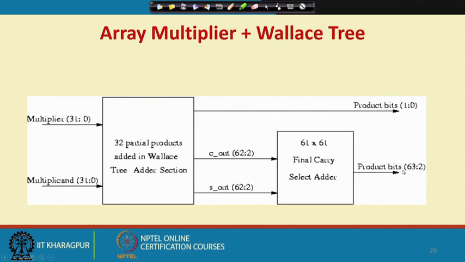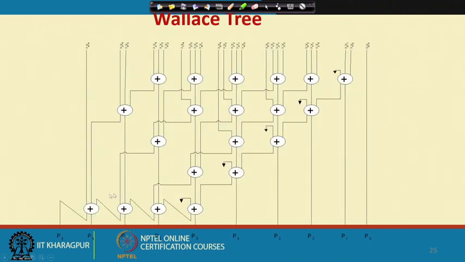So, initial bits have been generated from this, and the other 60, as this is a 32 bit multiplier, 32 into 32, has been generated from this final carry select adder. Okay.